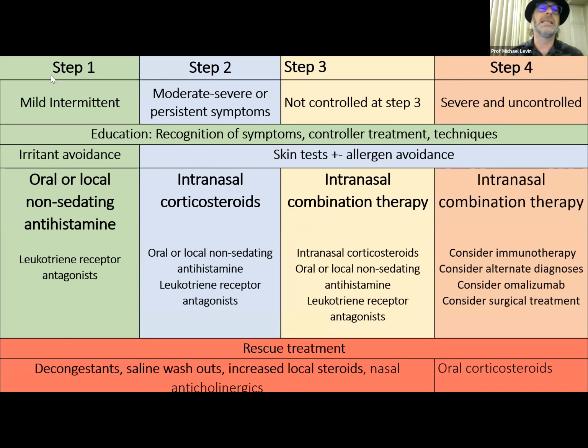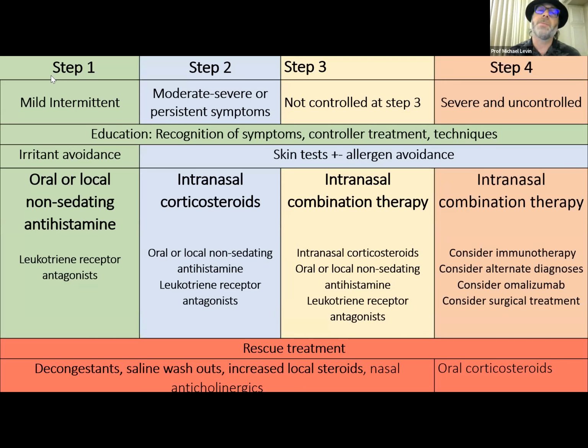If your disease is not controlled at step 3 therapy, the latest ARIA guidelines recommend intranasal combination therapy, which has only just become available in South Africa. And there are other combinations of therapies that can be used of both a controller and a reliever at the same time.